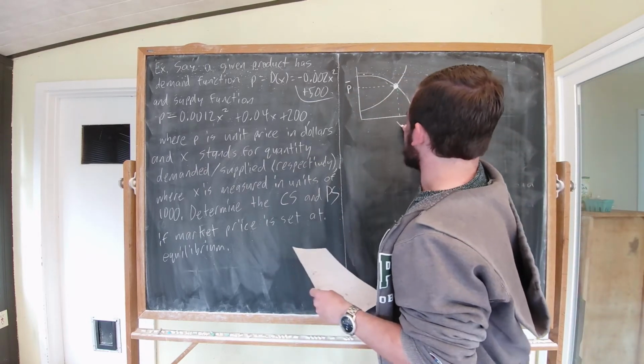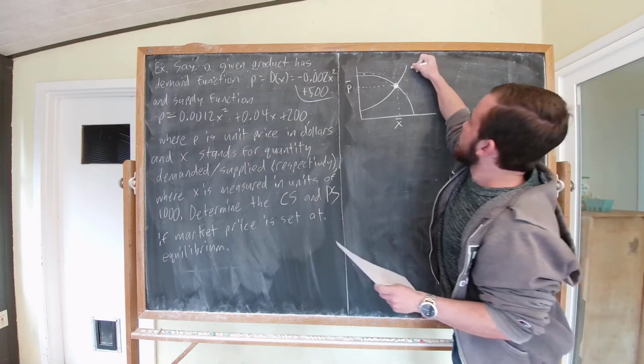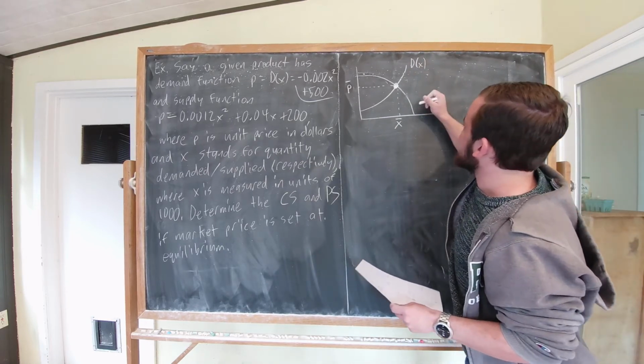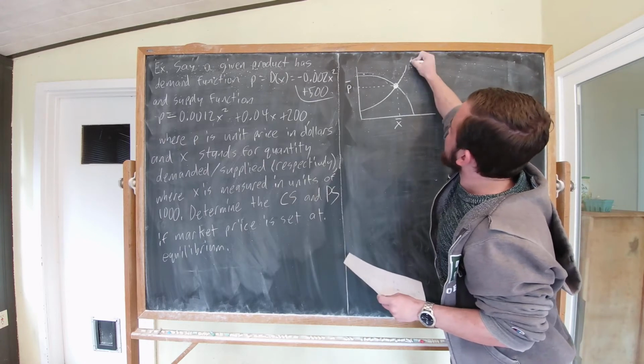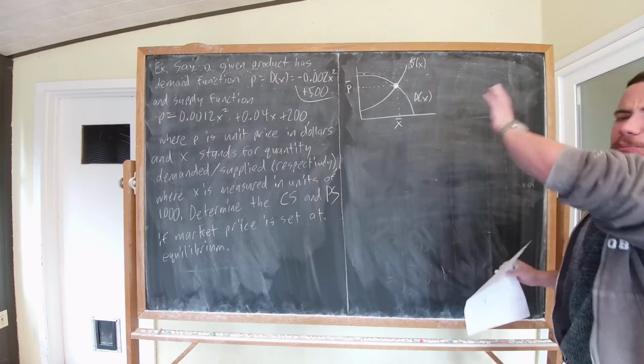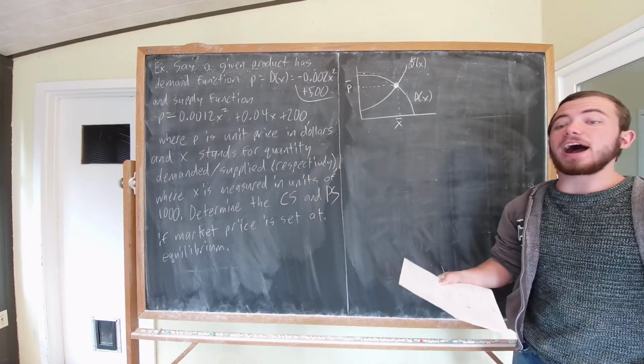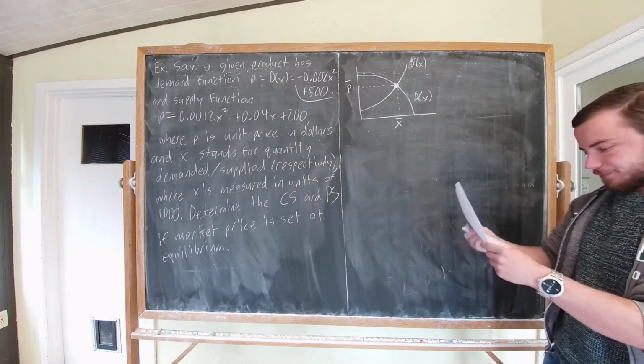So this is our P bar, and this is our X bar. This is D of X, and this, or sorry, that's S of X. And then this is D of X. And you could put more numbers on that graph if you wanted, just to get a better idea of where everything is.